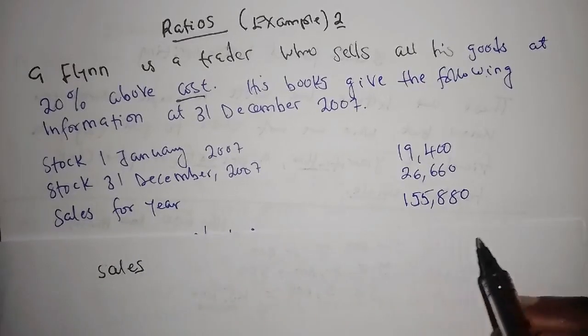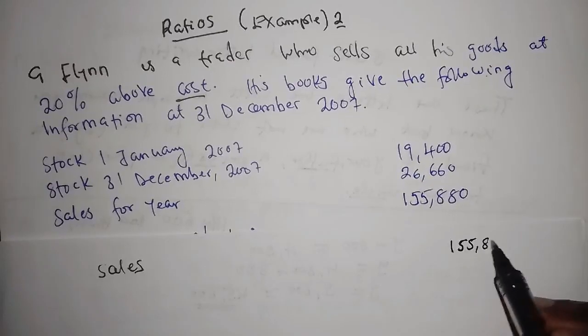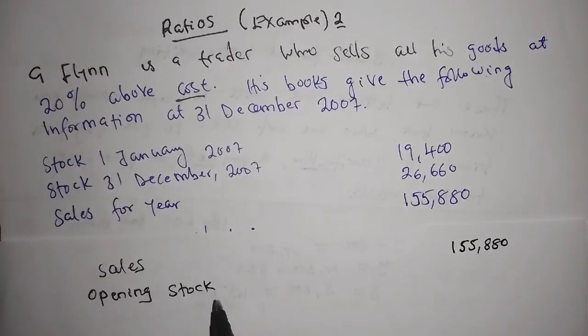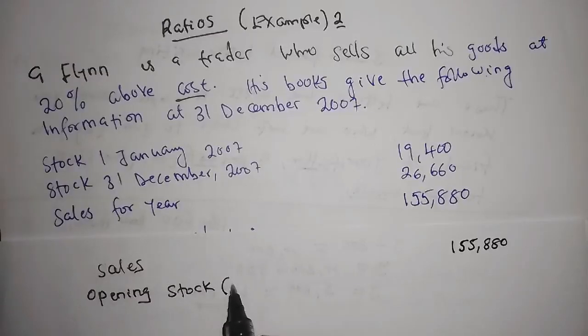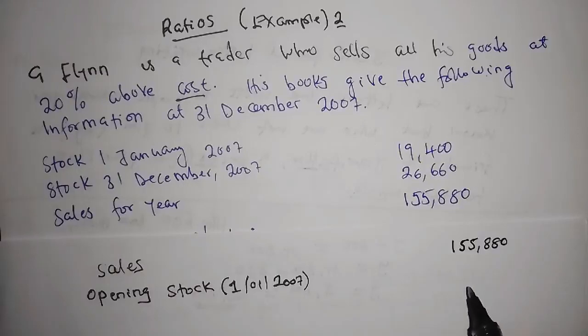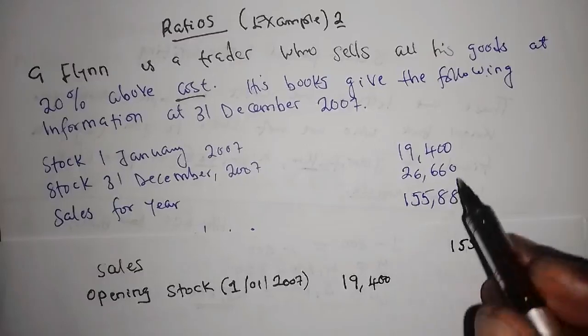Sales for the year is 155,880. Then you say opening stock, January, which has the value of 19,400.